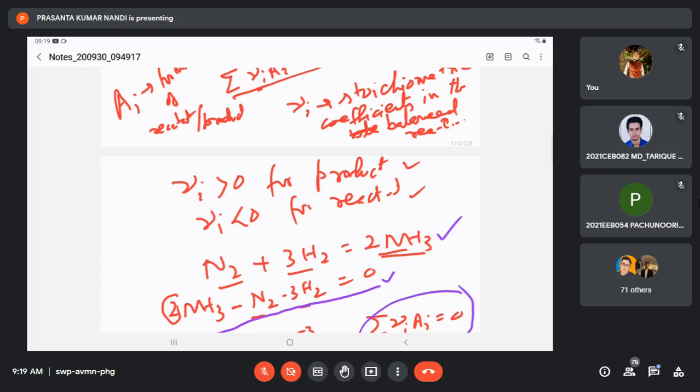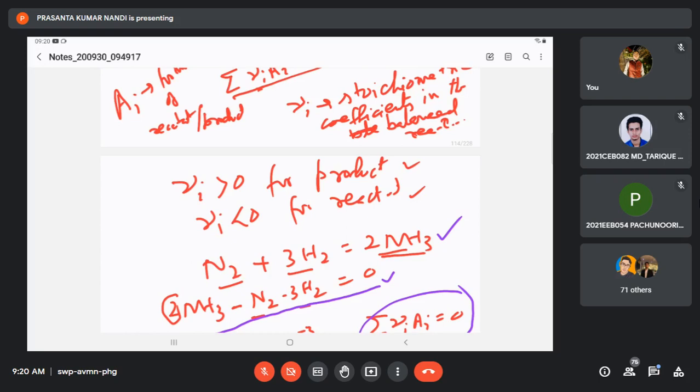Now, in this equation, I think you can understand that NH3 is the product and its stoichiometric coefficient 2 is positive. Right? Likewise, nitrogen and hydrogen are reactants, and the stoichiometric coefficients that appear here are negative.